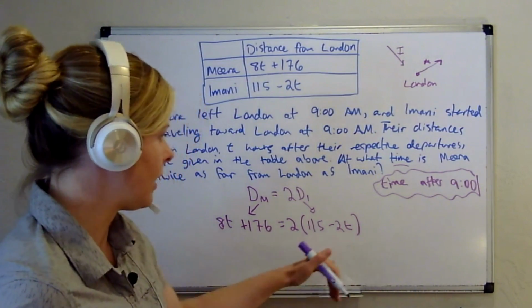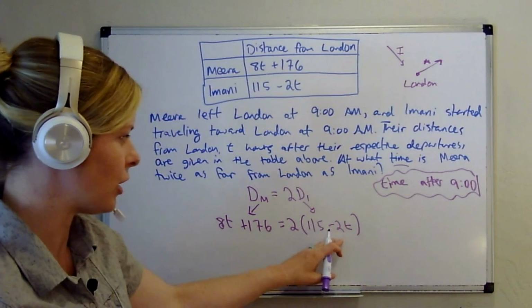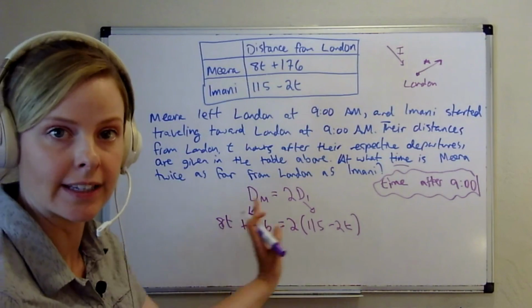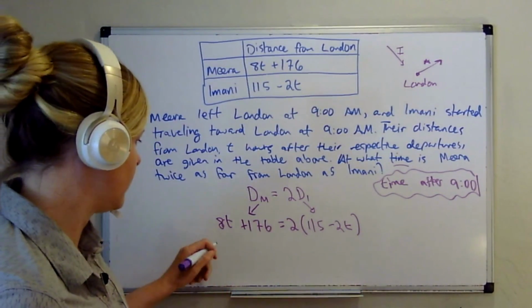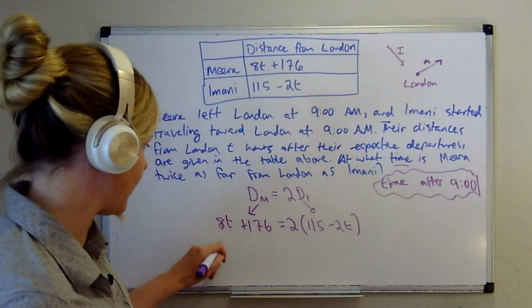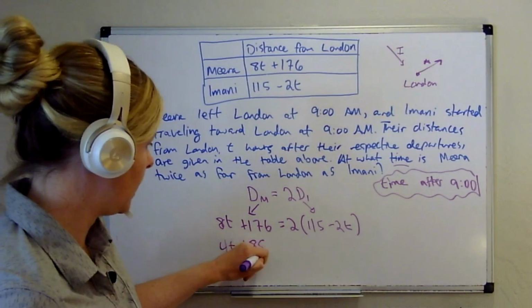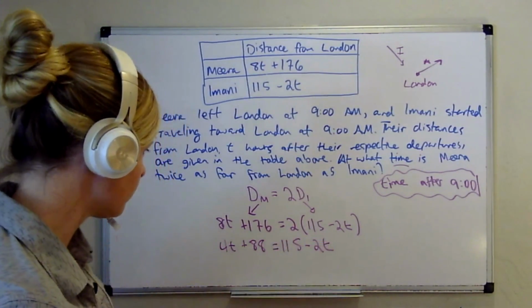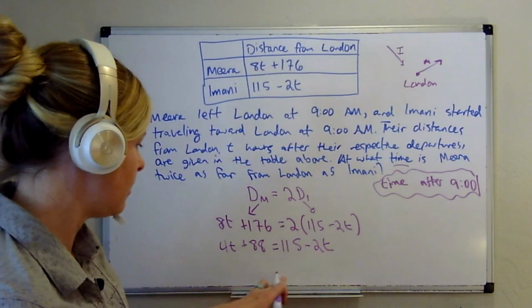Now let's dive in and do that actual solving. To do this algebra, I could start by distributing out this 2, but that will make these numbers bigger, which I don't really love. Instead, I see that I can just divide out the 2 from both sides of my equation and make my sides smaller, which is nice. So let's go ahead and divide out that 2. We are left with 4t plus 88 is equal to 115 minus 2t. Now let's combine like terms and add this 2t to the side.